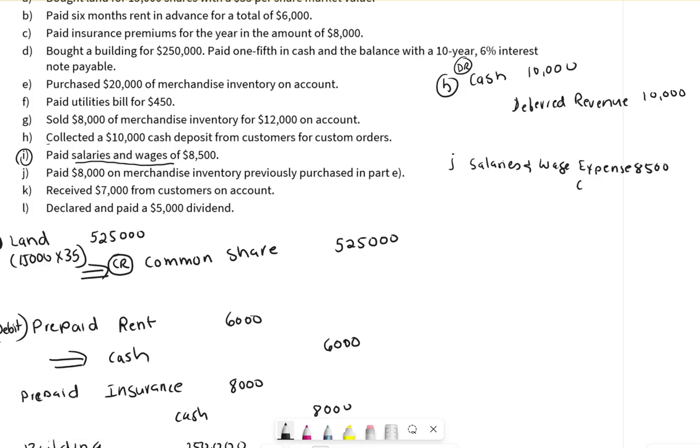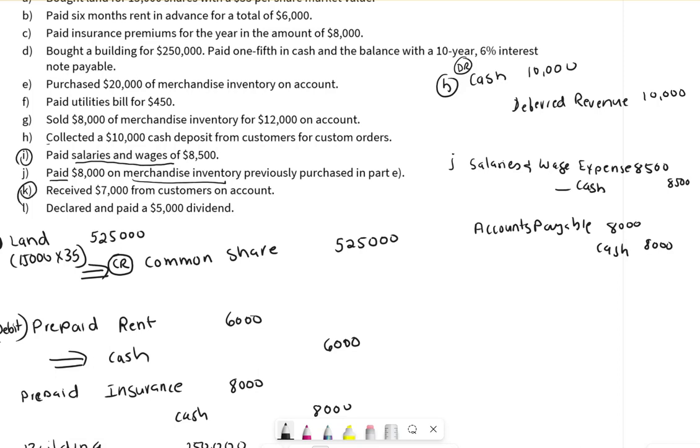And then we paid, and that will be indented. We paid cash for $8,500. Then we paid for merchandise inventory that we purchased previously. So in this case, the debit will be my accounts payable, and credit will be your cash of $8,000. So the transaction cannot be any different, doesn't matter which book you're doing it.